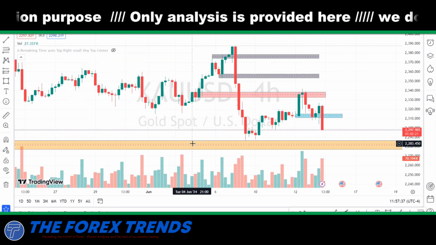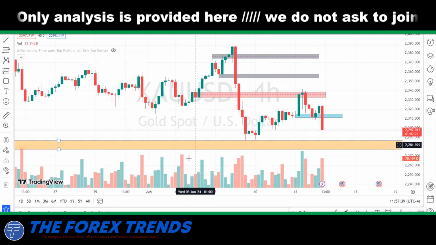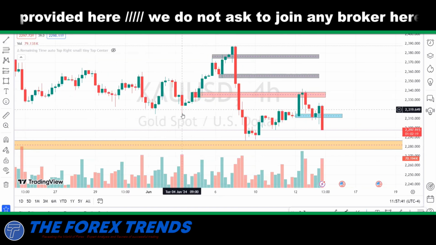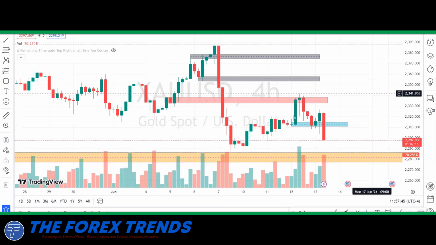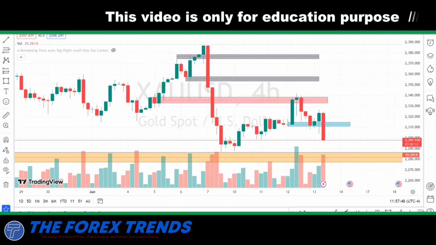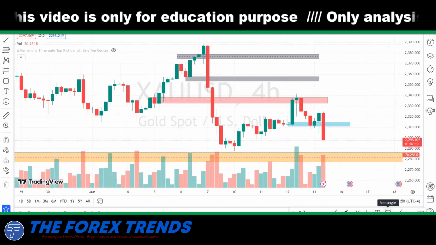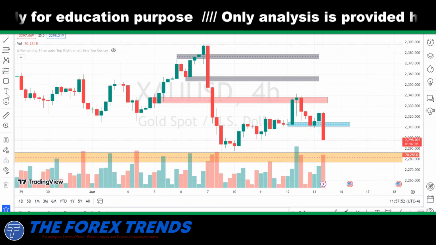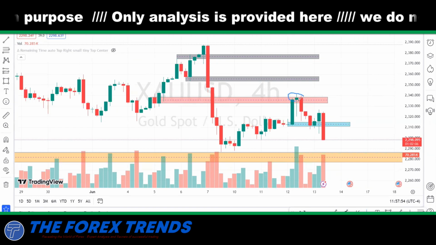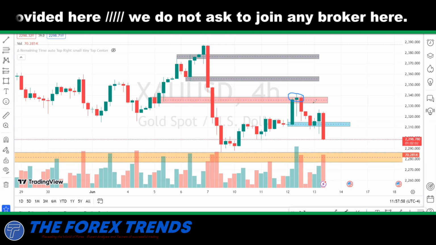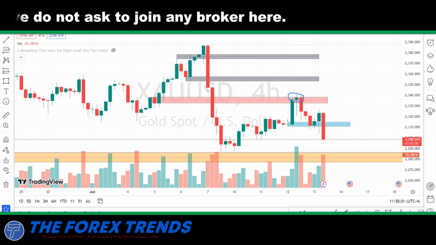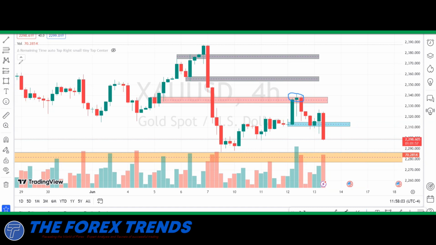Okay, then let's start the analysis. This is the chart of gold in the 4-hour frame. As you can see how nicely our level worked at this point. We had an analysis for selling at this level as there was a flag pattern in the 1-hour frame.